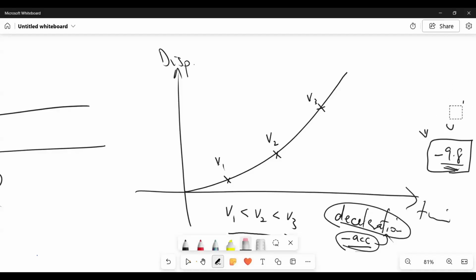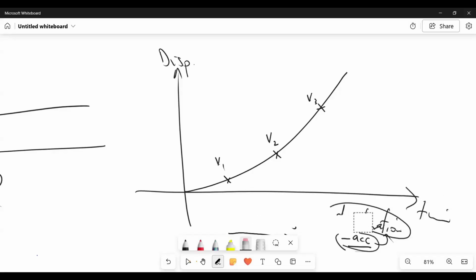I don't want to confuse you with anything heavy. Good. So let's change up this graph.